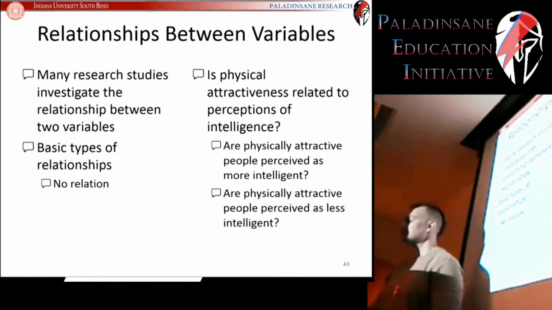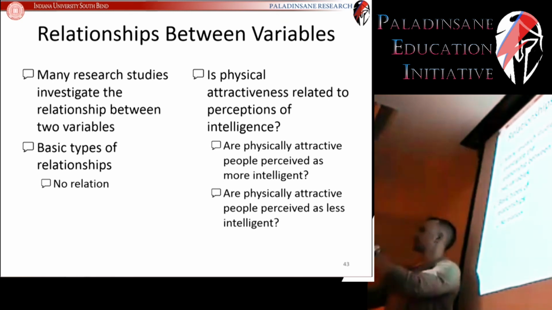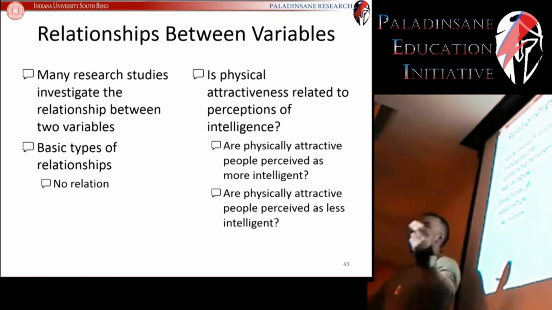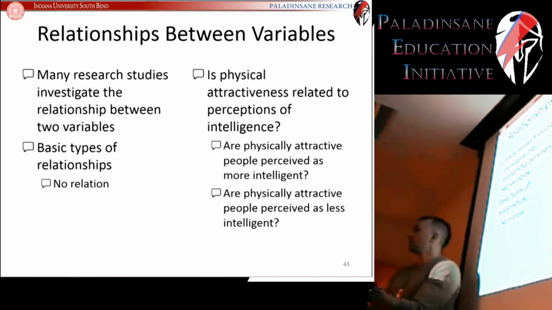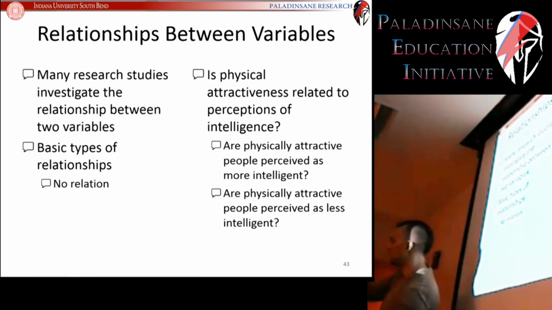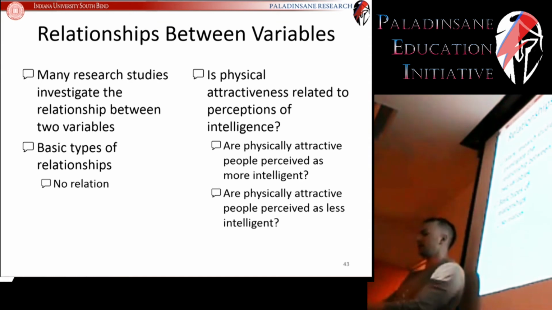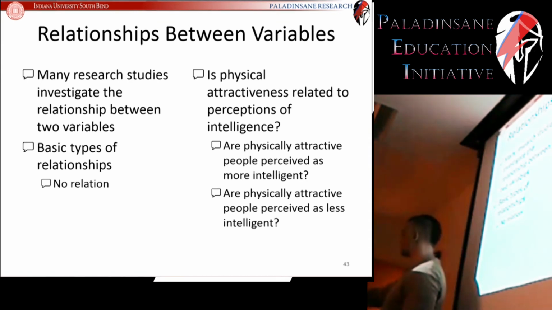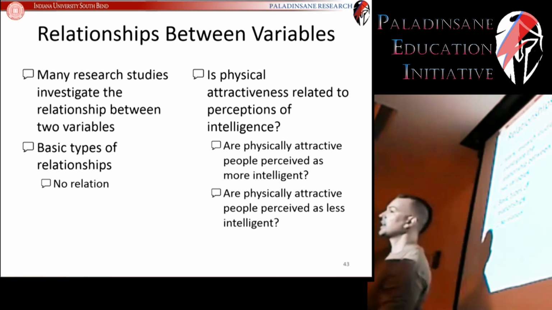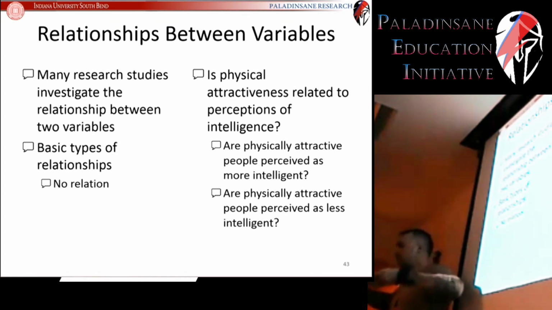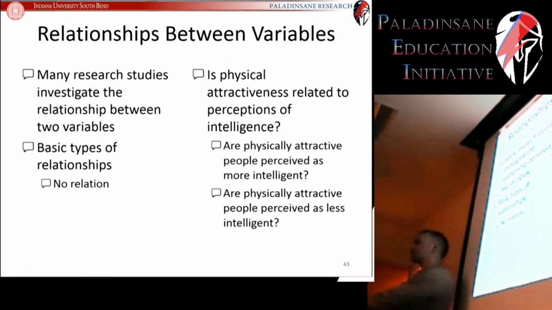So if you were just to randomly pick out variables about humans and say, are these two associated? The answer most of the time is going to be no, right? So is intelligence associated with eye color? No. Shoot. Is emotional stability associated with height? No. Shoot. That's why we need deductive reasoning to hone in on which variables to look at.